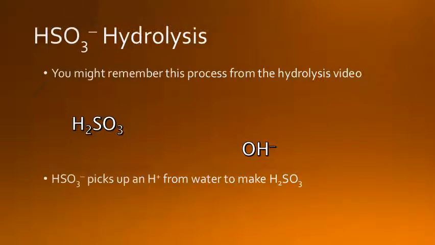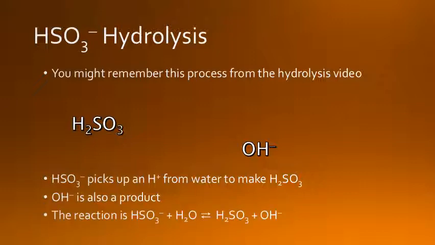The HSO3- ion picks up an H plus from water, and we get H2SO3, or sulfurous acid. OH minus is also a product, which is why the process is basic. The reaction is HSO3- plus water in equilibrium with H2SO3 plus hydroxide.